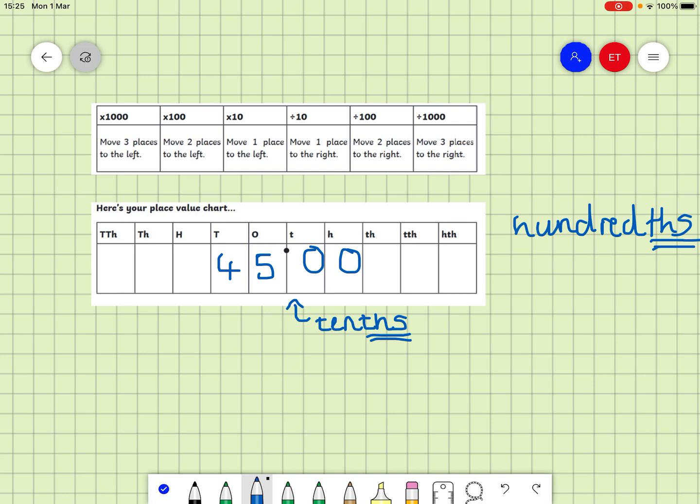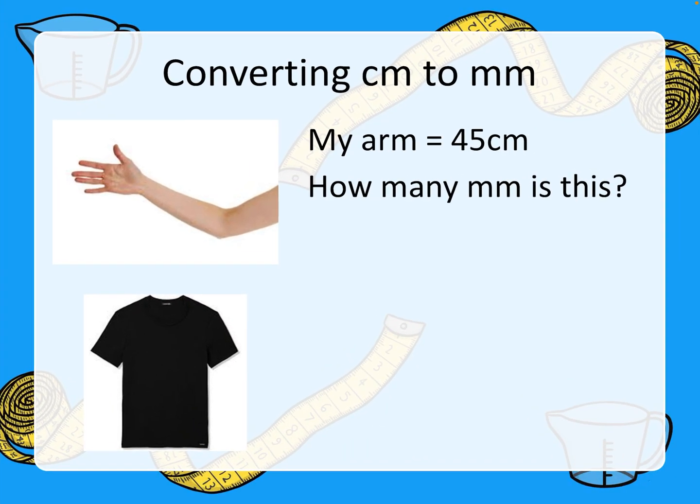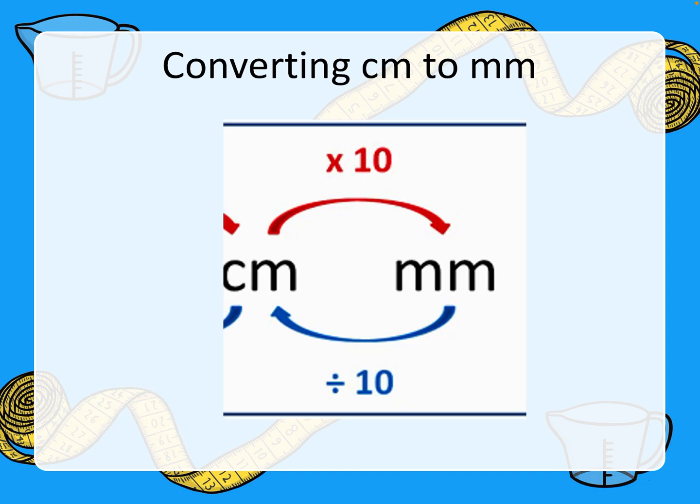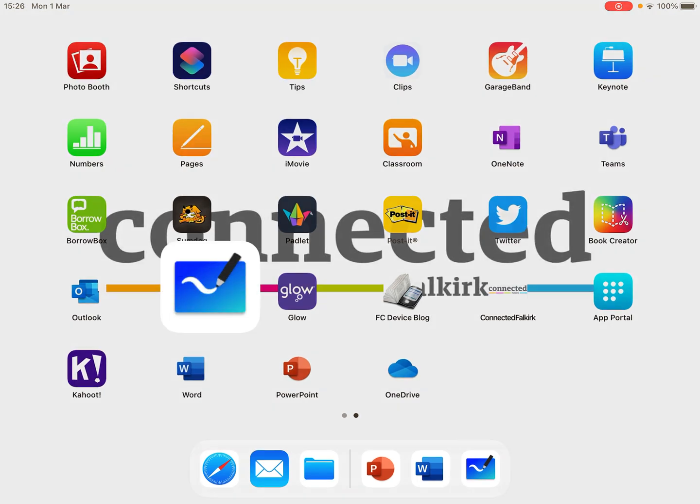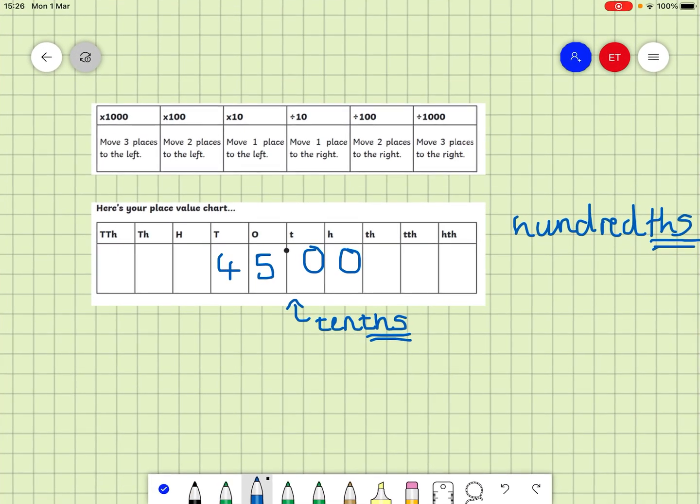So remember, if we go back to our PowerPoint, to convert from centimetres to millimetres, we need to multiply by 10. And when we multiply by 10, everything moves one place to the left. Okay?